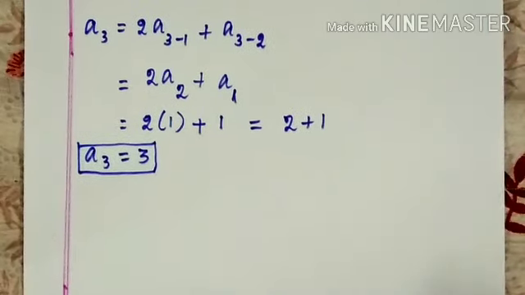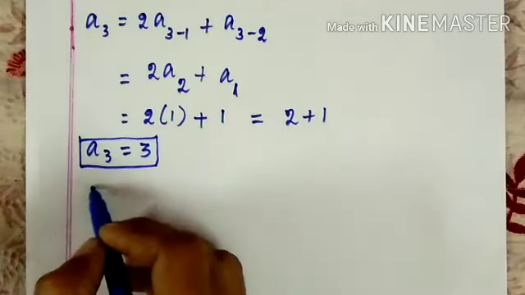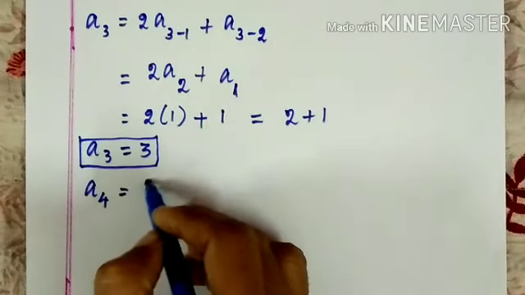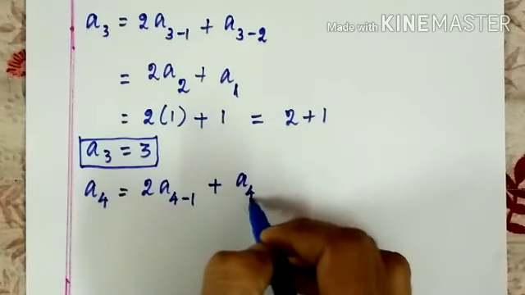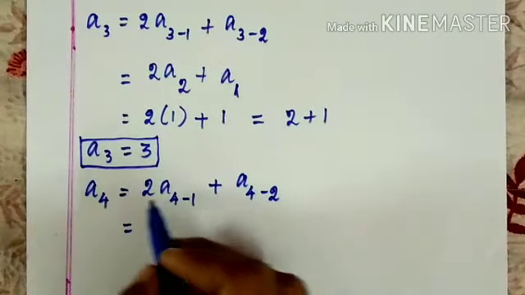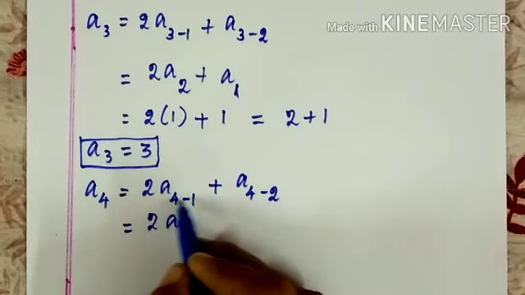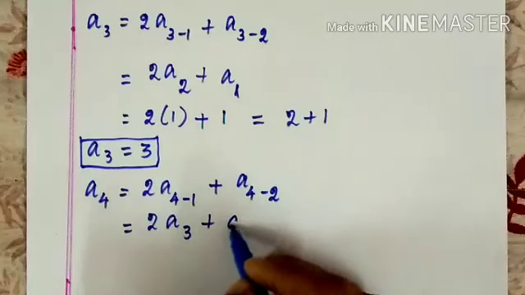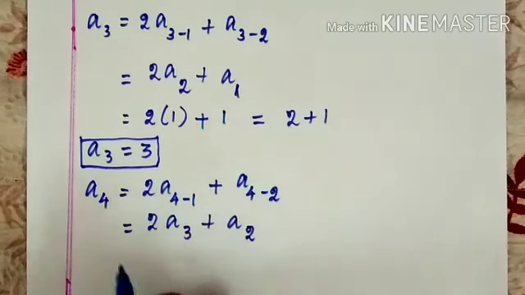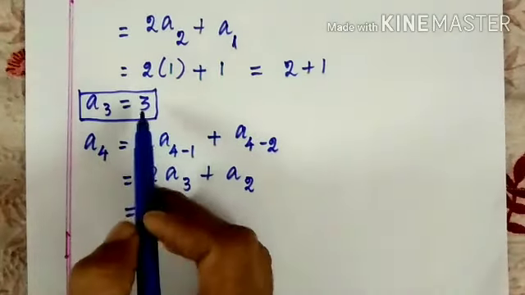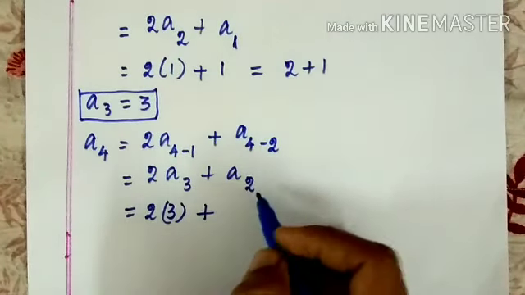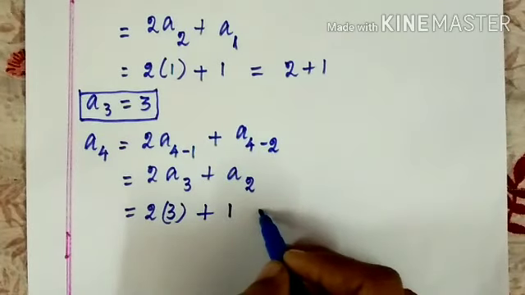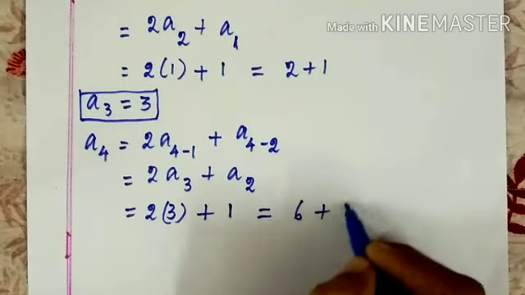Next we have to find for n is equal to 4, that is A4 is equal to 2A(4 minus 1) plus A(4 minus 2) is equal to 2 into A3 plus A2, which is equal to 2 into A3 value 3, so 2 into 3 plus A2 value is given in the question, that is 1, that is equal to 2 3s are 6 plus 1.